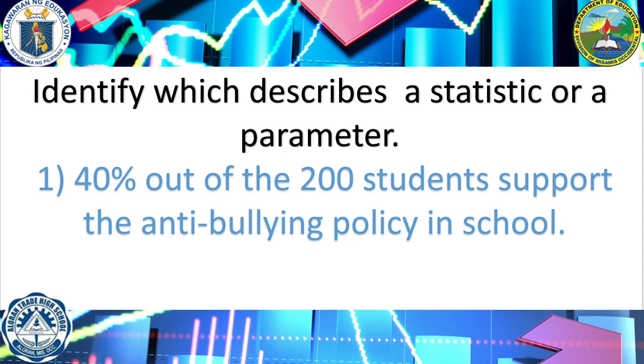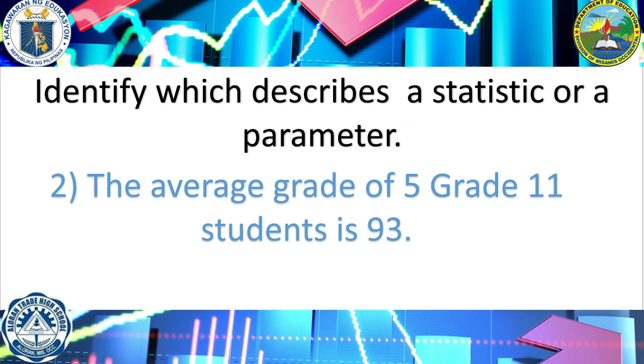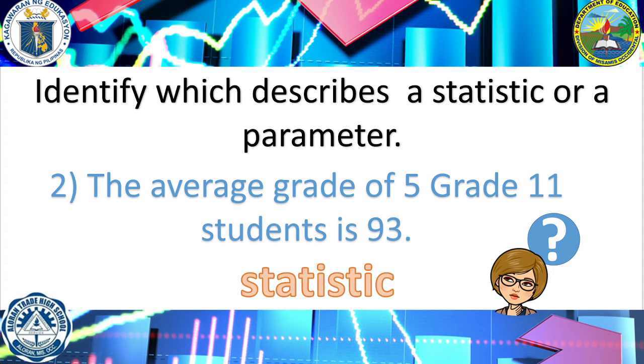Is this numerical data a parameter or a statistic? This is a statistic. Next, number 2. The average grade of 5 grade 11 students is 93. Is this a statistic or a parameter? That is correct. This is a statistic.